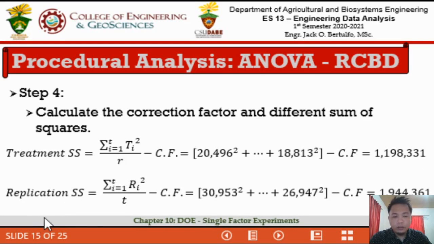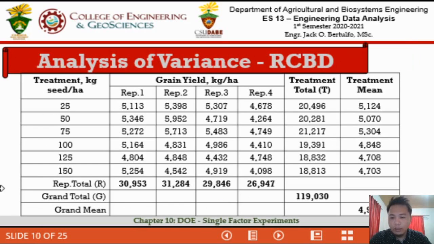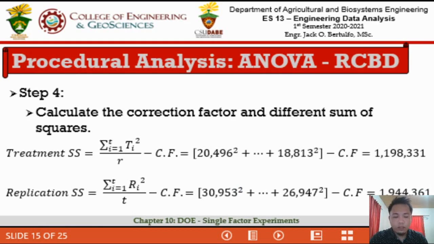Then for replication, using this formula, you just need to square all the replication totals, the ones at the bottom part of this data here. Square all these 4, then add, then subtract the correction factor, and you have the replication SS.